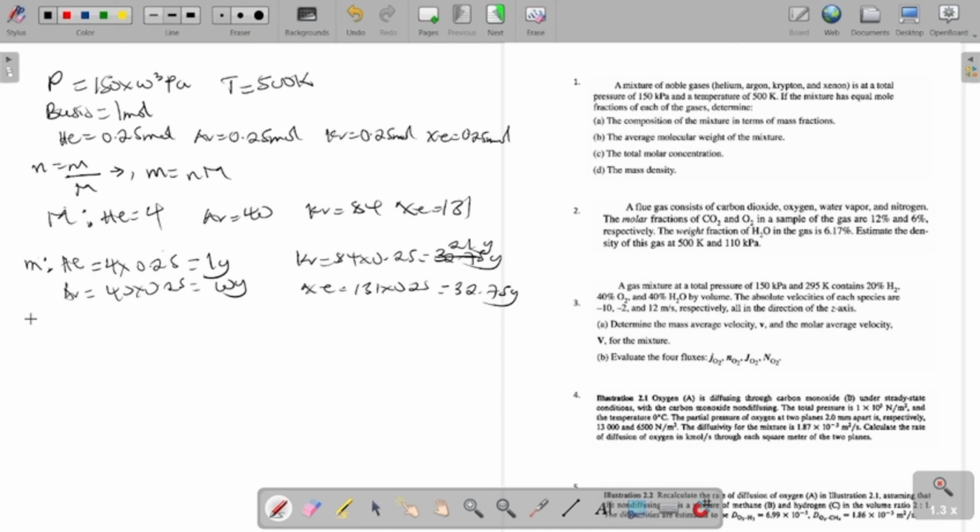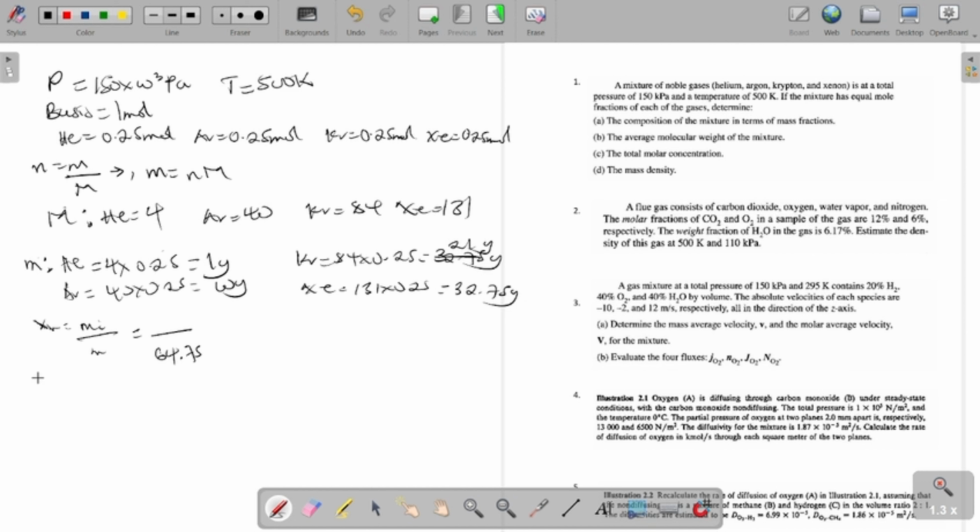Since they want the composition in terms of mass fractions, the mass fraction becomes the mass of each component divided by the total mass. If I add everything, the total mass gives me 64.75 grams.